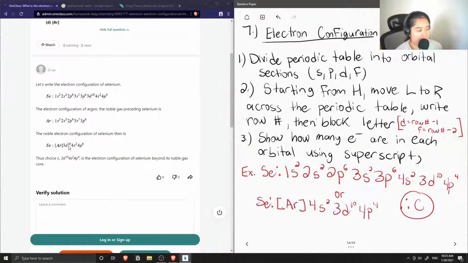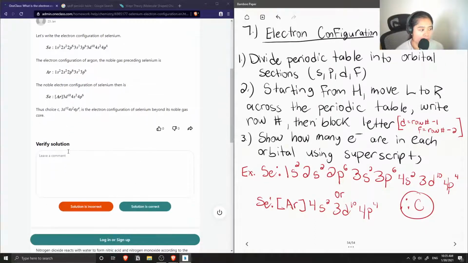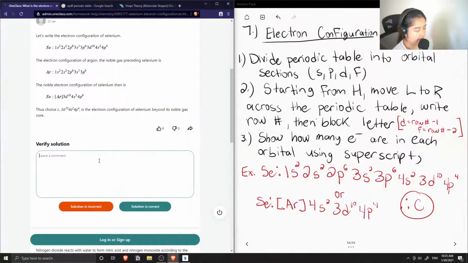They wrote the shorthand configuration of selenium. Thus, choice C is the configuration. So this solution is correct. And then I'm just going to put in brackets that s orbitals should only hold a maximum of 2 electrons.